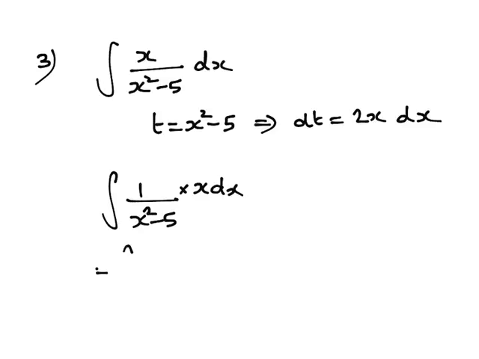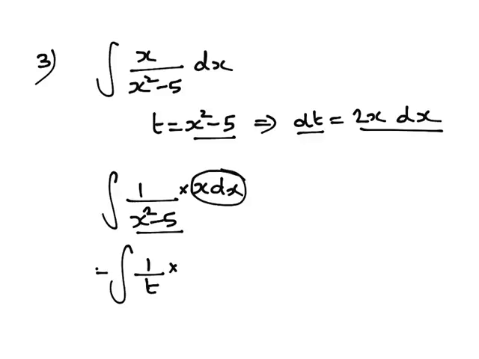Now here I'll replace x squared minus 5 with t, so 1 by t multiplied with, now I need x dx. I have 2x dx, which is dt, which means x dx is nothing but 1 by 2 times dt. It's like taking 2 to the other side. So I will write 1 by 2 dt.